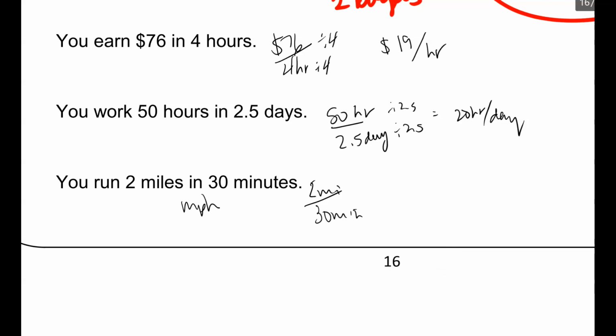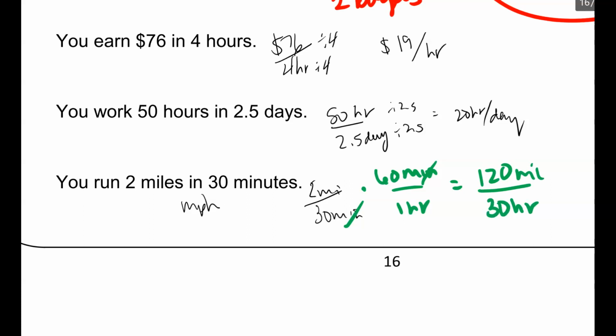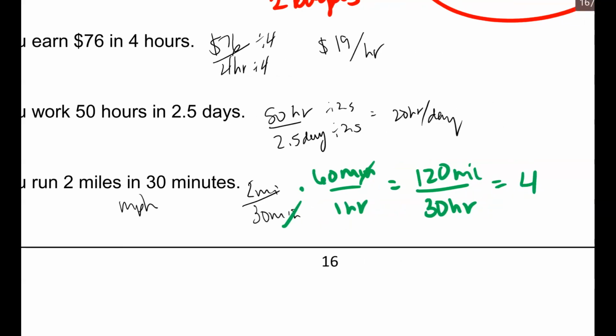Let's go ahead and convert, because miles per hour is something that you've used on the regular. We know 60 minutes is in 1 hour. Cross out, and now we have 120 miles per 30 hours. Divide by 30 on top and bottom, and you get 4 miles per hour.